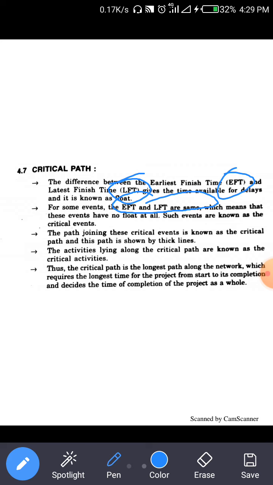Such events are known as critical events. The path joining the critical events is known as the critical path.